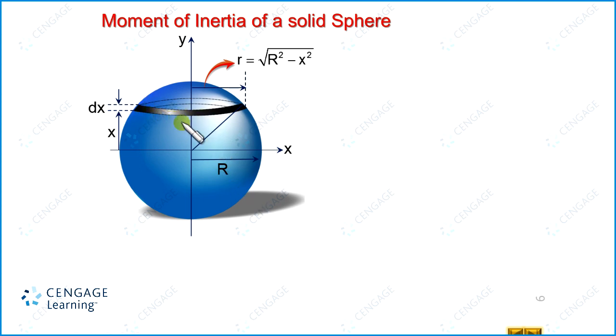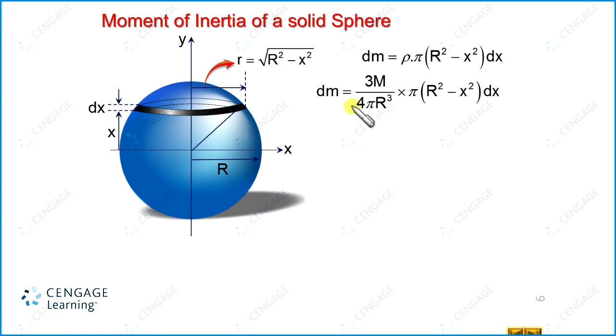So the volume of this elemental disc should be equal to pi small r square multiplied by dx. This one. Okay. Rho we have calculated, that is equal to capital M divided by 4 by 3 pi R cube. So this is the mass of this elemental disc.